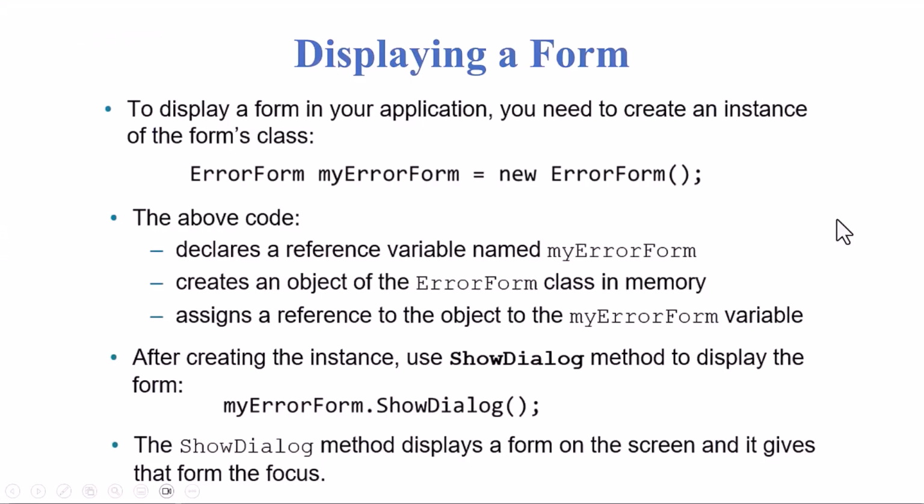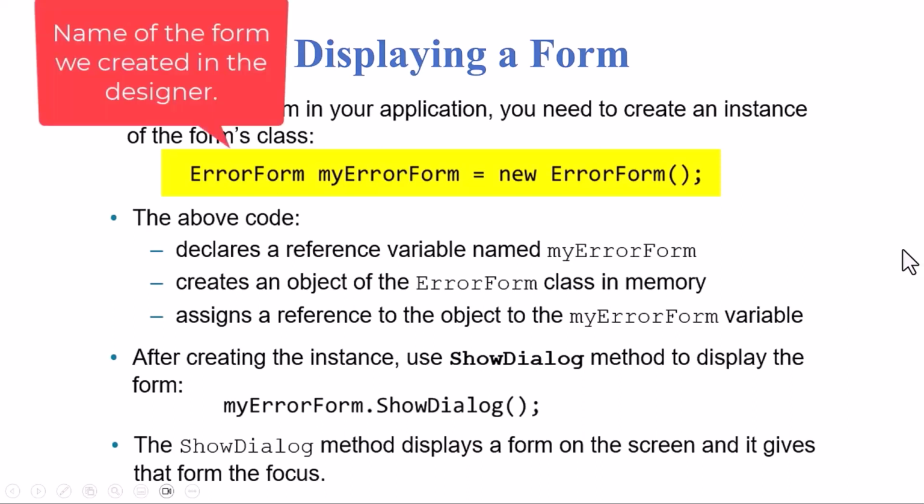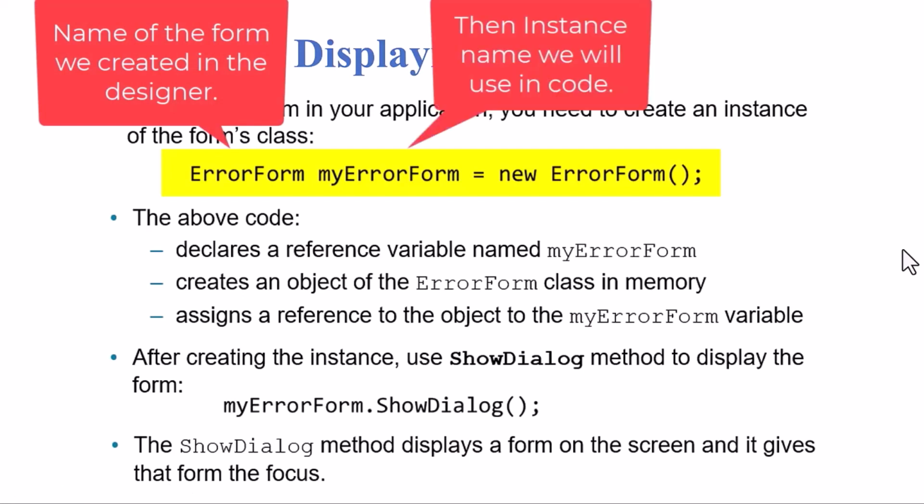So in order to display a form, when we have two of these forms up here, we need to create an instance of it. And we do that by giving it a name. And in this case, on the example you're seeing on the screen right now, we have a form called error form, which you may have created. Ours is called display. This is called error form. And they're creating something called my error form, and they make it equal to new error form, which creates an instance of that form.